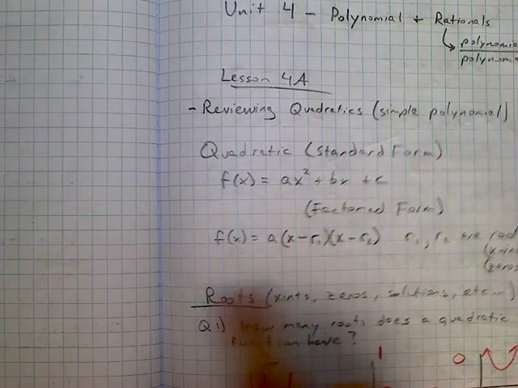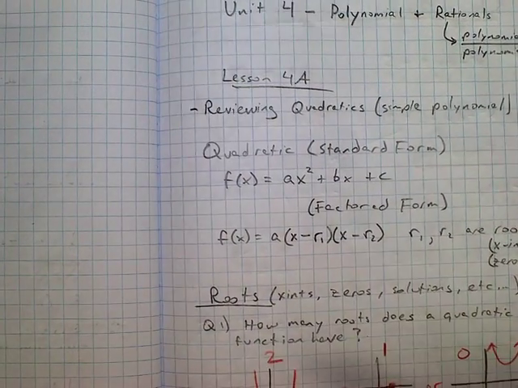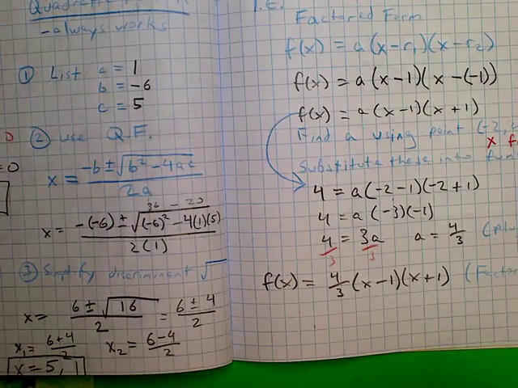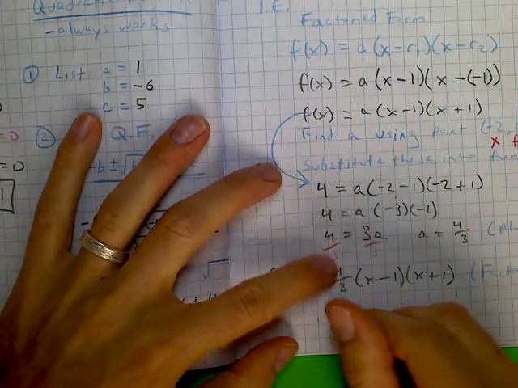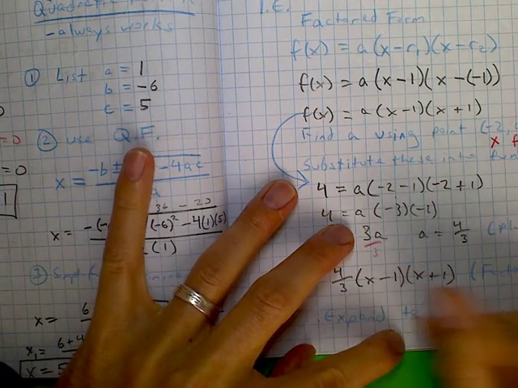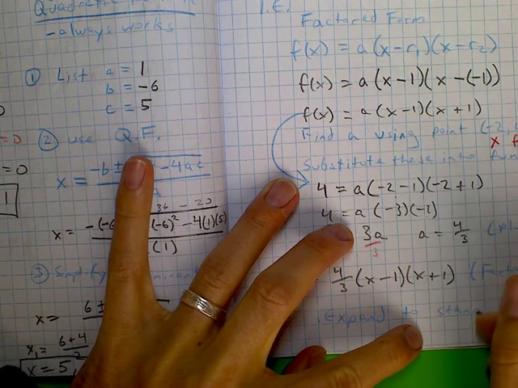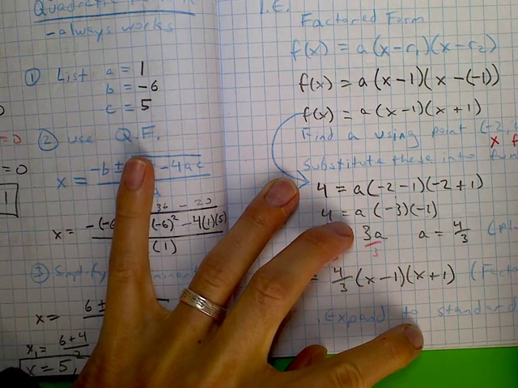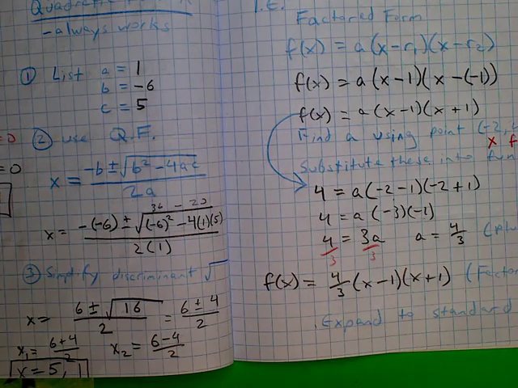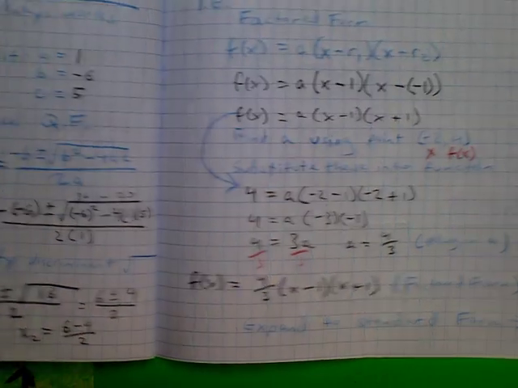We need to be able to have this written both ways depending on what we're trying to do. I didn't ask for it specifically in the problem, but I could. Because I'm out of room, I'm going to go to the next page and expand this to standard form there.